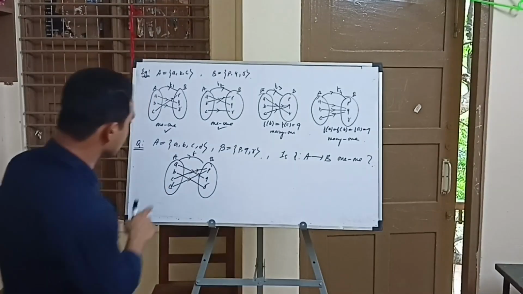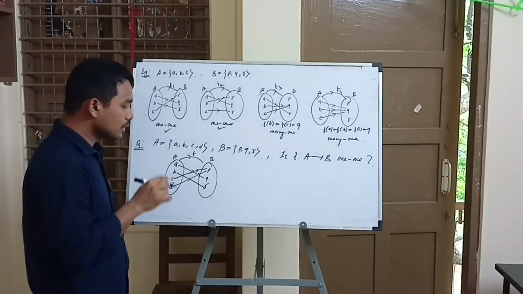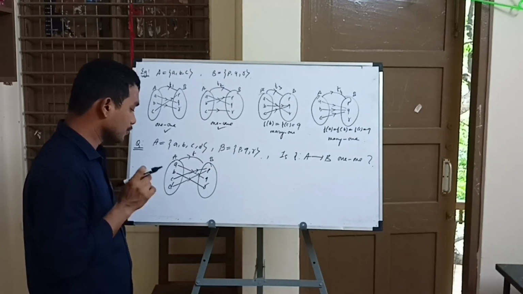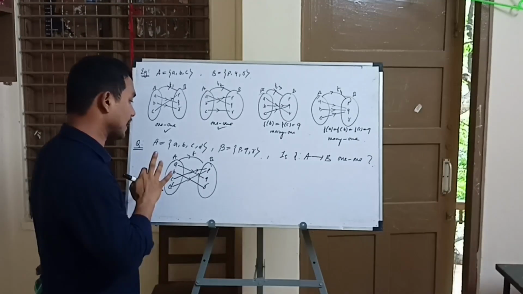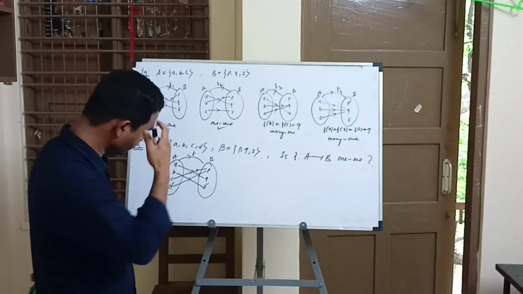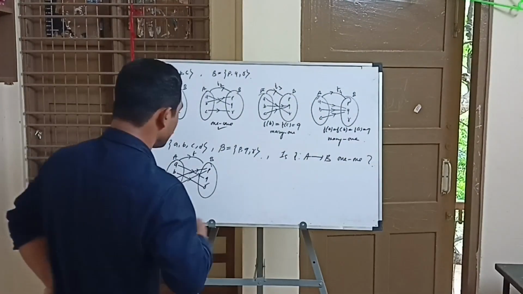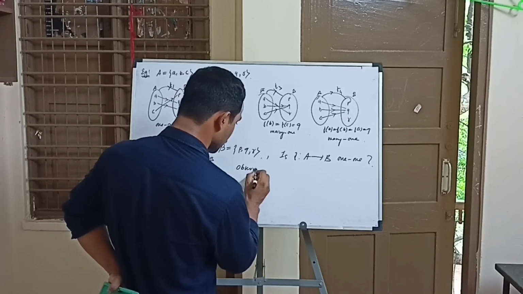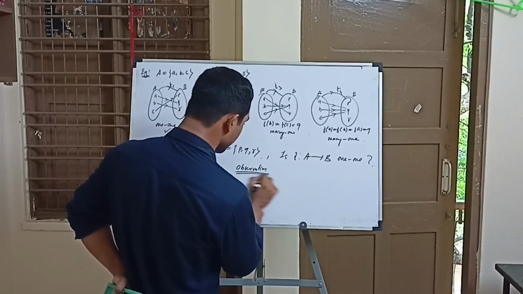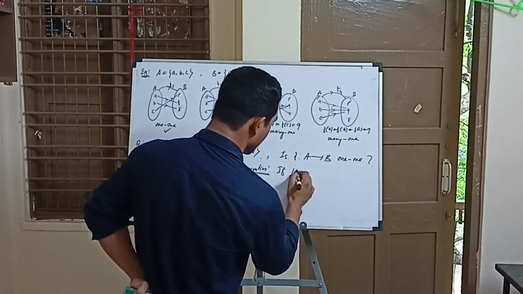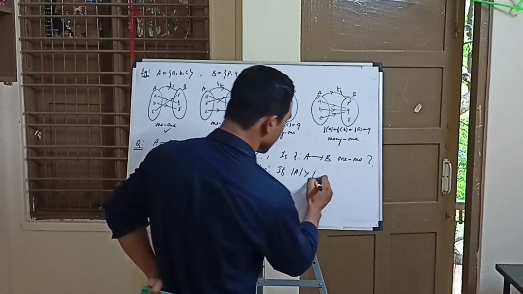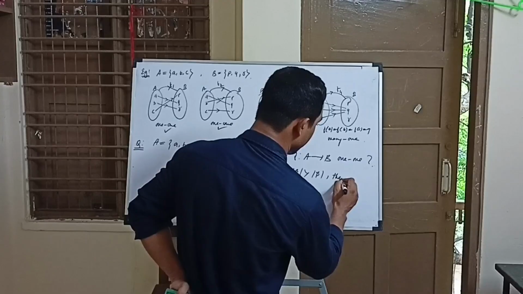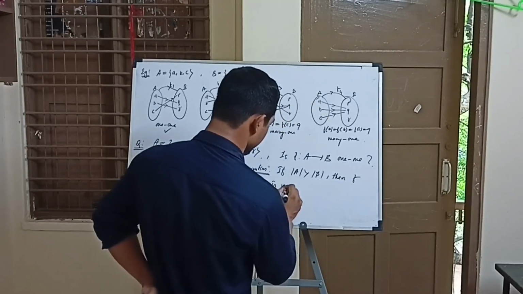Correct? Every element of the domain should be uniquely associated with an element of B. So this is a simple observation. What is the observation? If the number of elements of A is greater than the number of elements of B, then f is many-one.